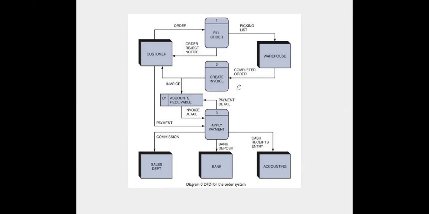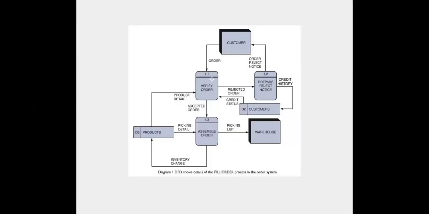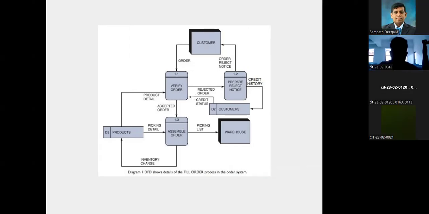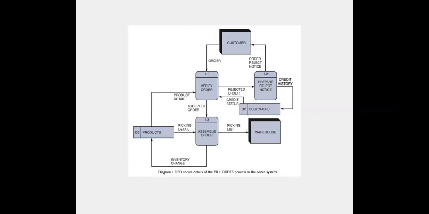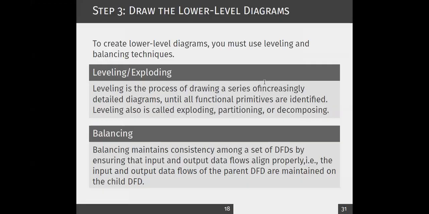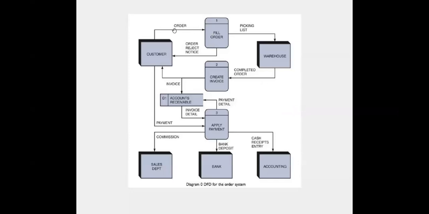And then if you want to go into details about the fill order, that will go as 1.1, 1.2, and 1.3. And you can see that in this particular case, if you go to the first one, fill order, you interact with the customer and the warehouse, not with any of the other entities.